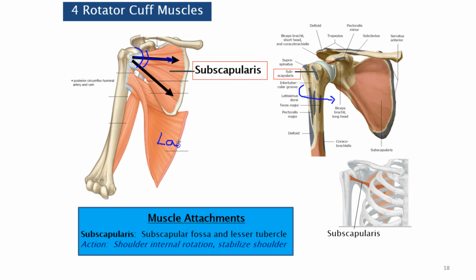This is the latissimus dorsi coming in and inserting onto the anterior and medial aspect of the proximal shaft of the humerus. So this will also be able to inwardly rotate, as well as this muscle. This is the teres major muscle, in addition to being a strong adductor and extender, as well as the lat being a strong adductor and extender. The teres major will also be an internal rotator.